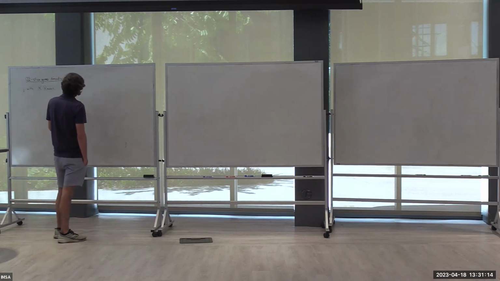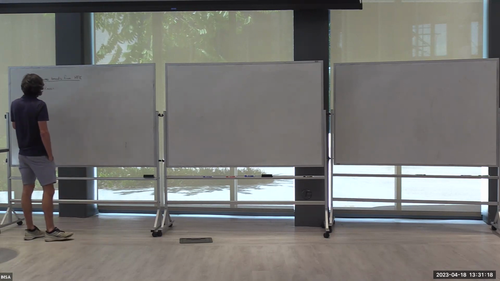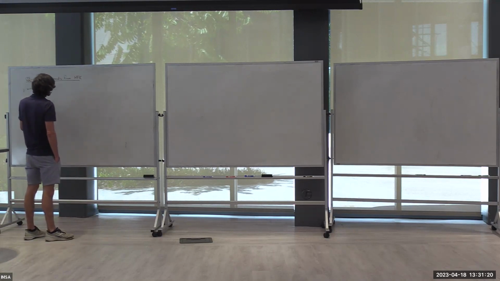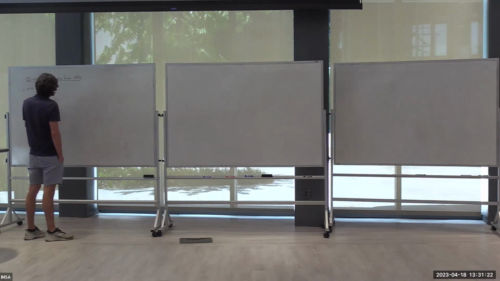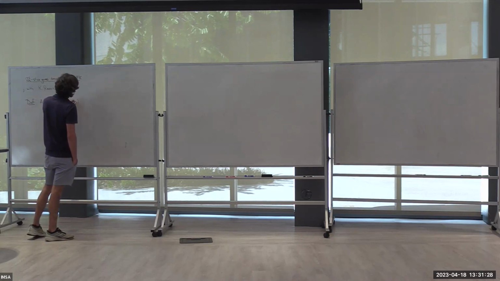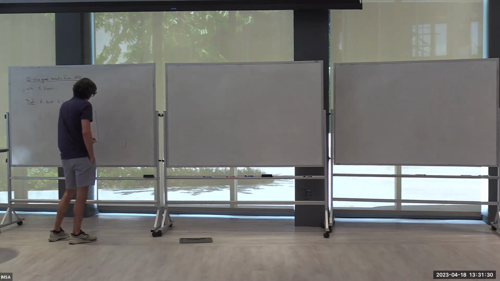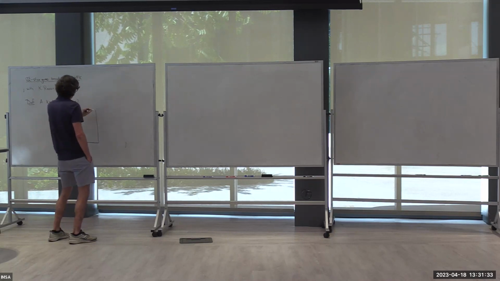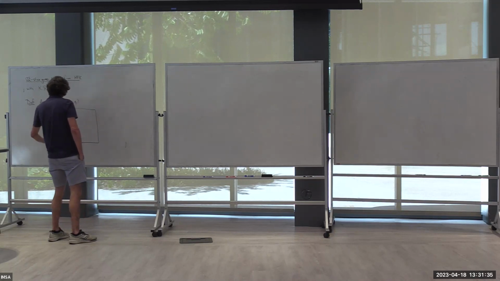So I want to just start with this definition of a simple knot in a lens space. It's where much of my motivation initially comes from.